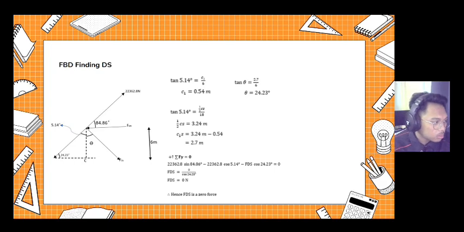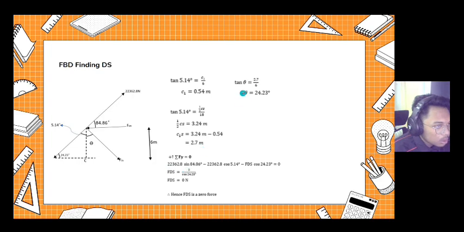So the answer is 0.54 meter. So next, tan 5.14, 1 per 2 sec s equal to 3.24. So the answer is 2.7 meter.